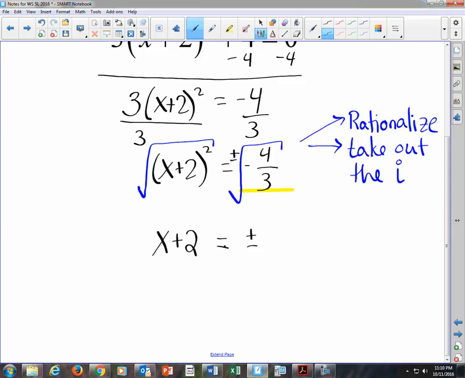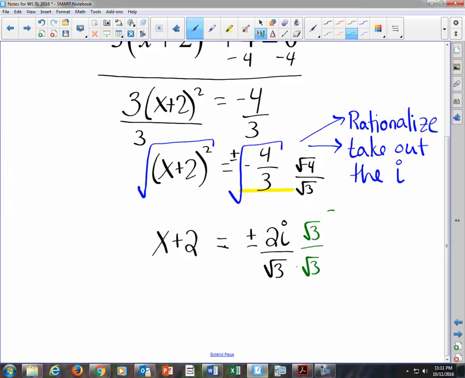I'm going to do a couple things here all at once. I am going to apply this radical to the top and the bottom, which is going to give me a 2i on top and a radical 3 on the bottom. Then I am going to rationalize.